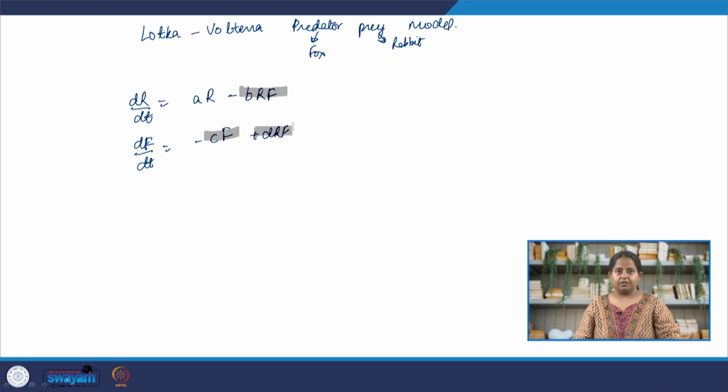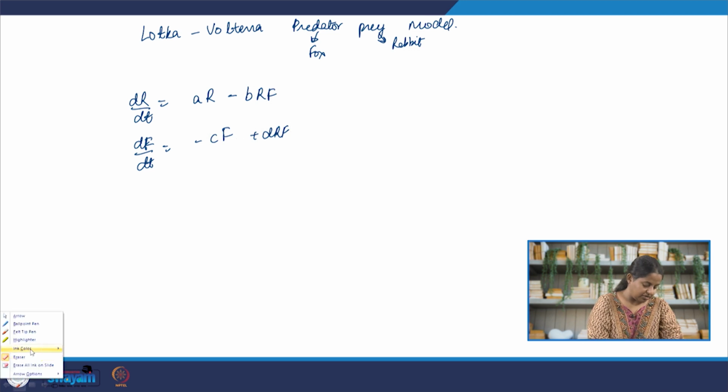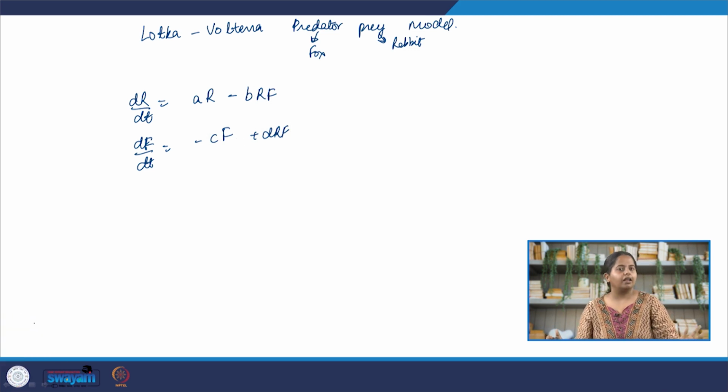But there is an assumption here. The assumption is that because foxes are not 0, foxes will not allow the rabbits to grow exponentially without being hunted down. So it is not the resource limitation that is controlling the population of rabbits, it is the predation by foxes.